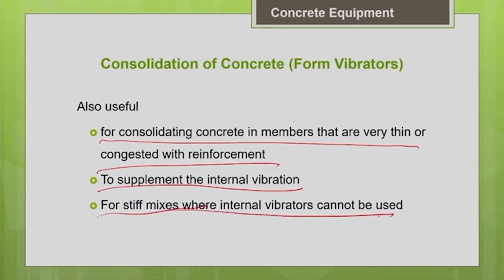One thing to be noted here is that generally internal vibration cannot be applied for very stiff mix. It will not be effective. So, for very stiff mixes, it is preferable to go for form vibrators. Accordingly, you can select the amplitude of the vibration. You can go for high amplitude for very stiff mixes.